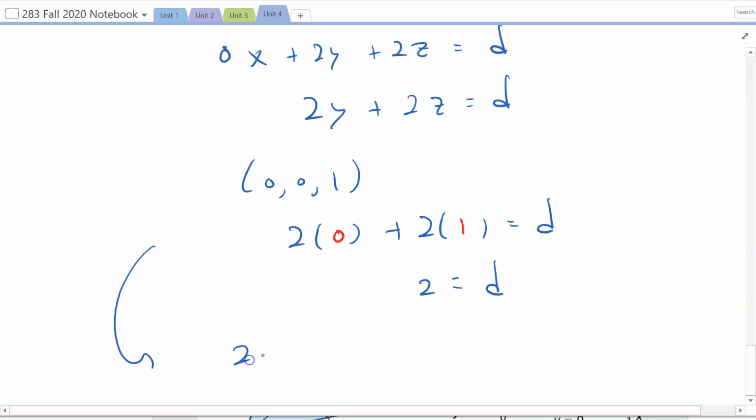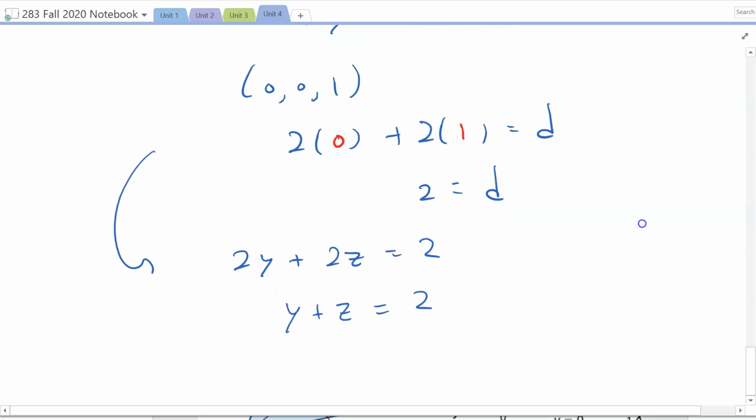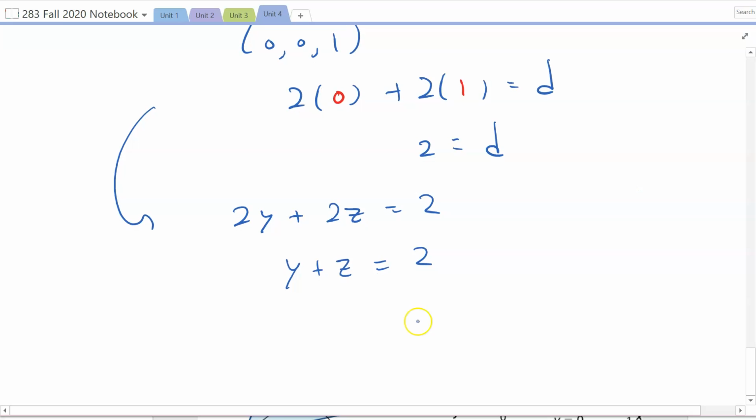Therefore our equation becomes 2y + 2z = 2. We can divide both sides by 2, and that will simplify to y + z equals 2. That's going to give us the top of that face that we were looking at before. So z is going to equal 2 minus y.